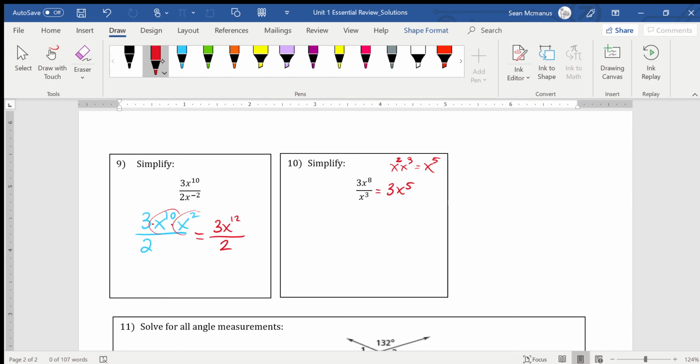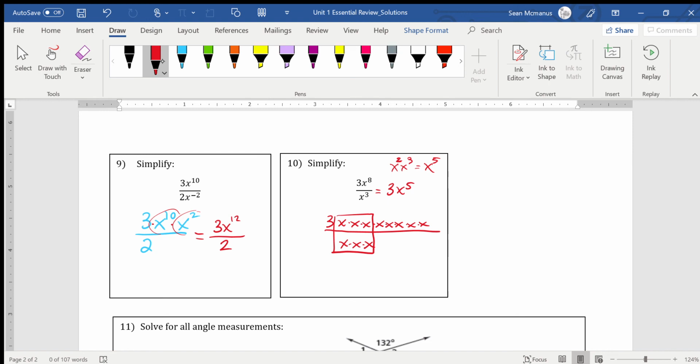If I don't know the rule, I can expand, right? So 3x to the 8th. So I got 1, 2, 3, 4, 5, 6, 7, 8. 8 x's on top, and then I have 3 x's on the bottom. So if I look, right, 3 x's over 3 x's, I could take these three right there and they cancel each other out.